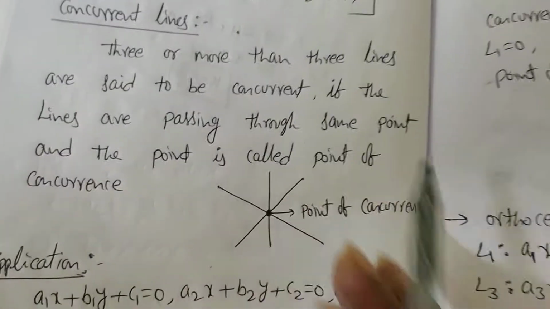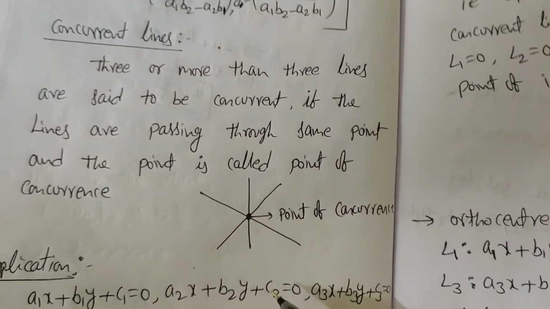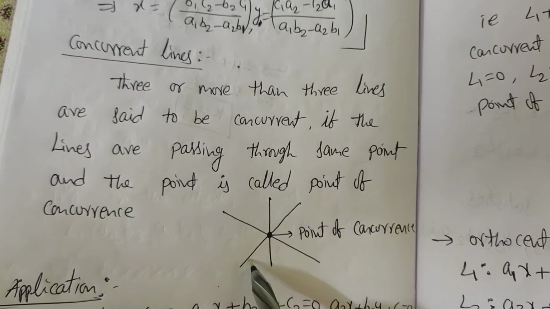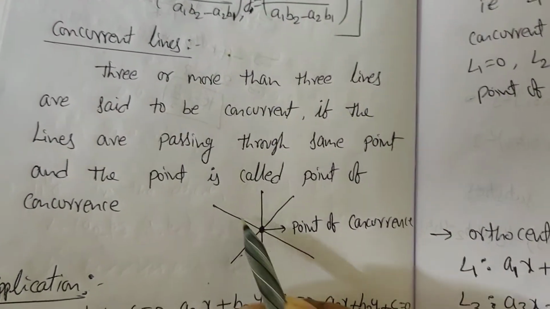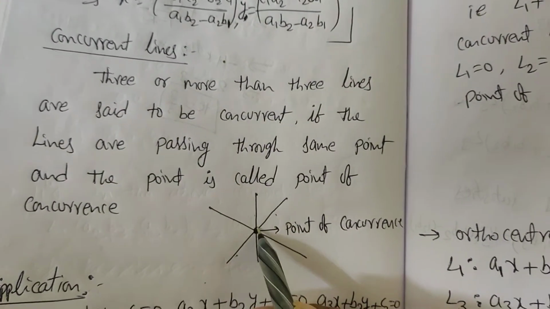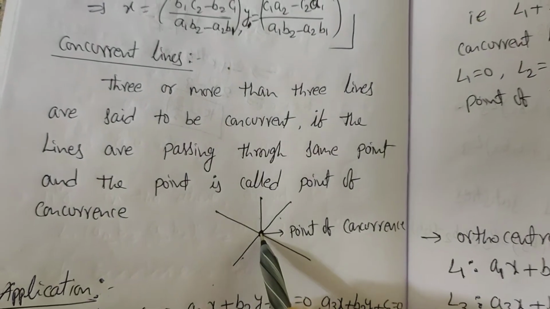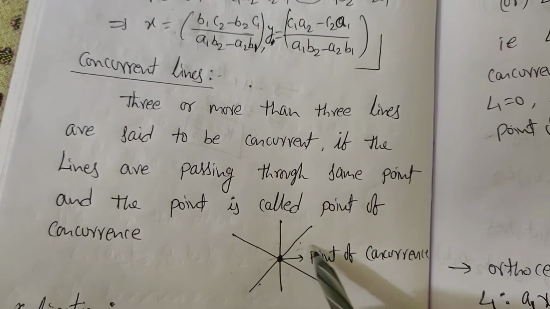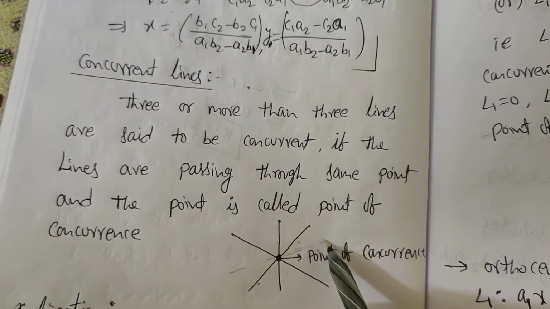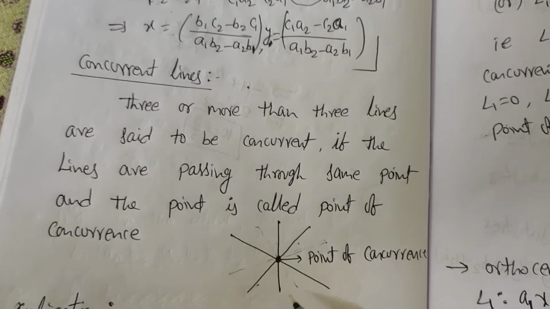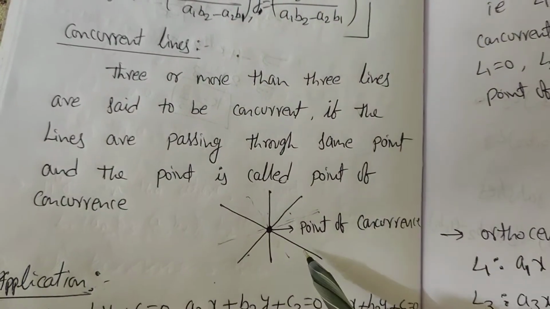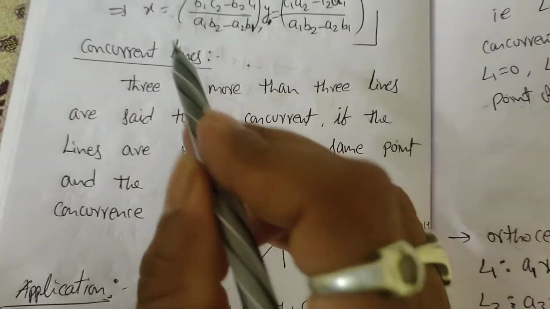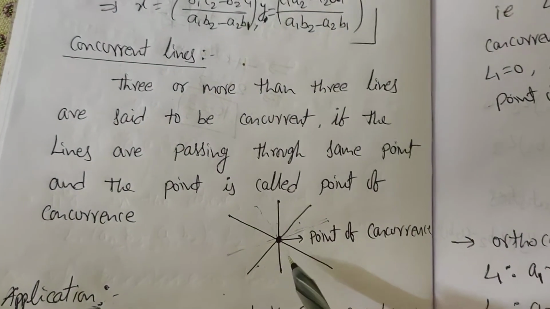If you take three lines, first line, second line, third line, these three lines are passing through the same point. If you want, you can take one more line like this. We can take infinitely many lines like this. This point is called the point of concurrence of these three lines, or four lines, five lines.